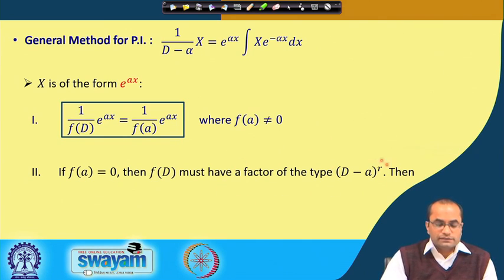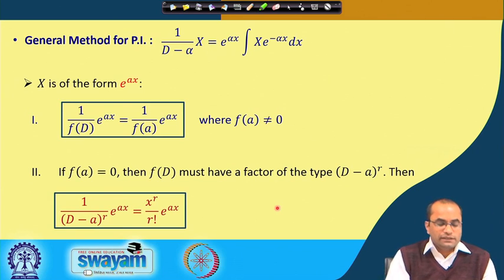In that case we also derived that 1 over (D minus a) power r, when we apply it on the exponential function, gives x power r over factorial r times e power a x. These are the direct formulas which we can apply to find the particular integral in case the right hand side is an exponential function like e power a x.